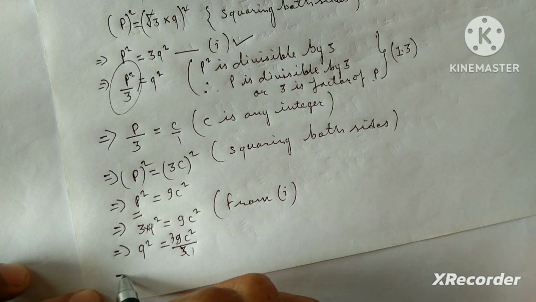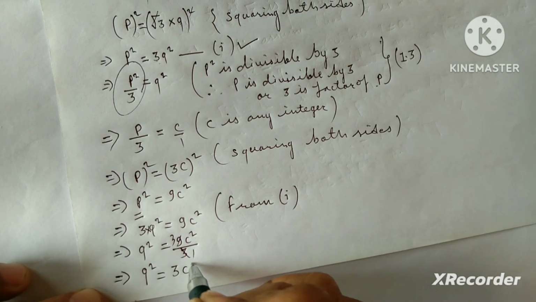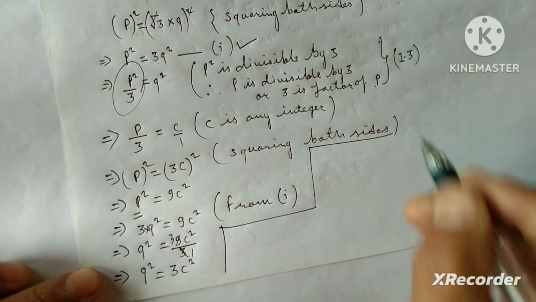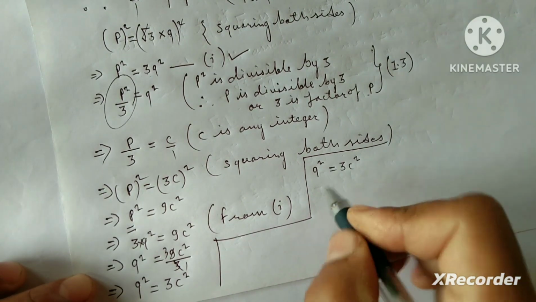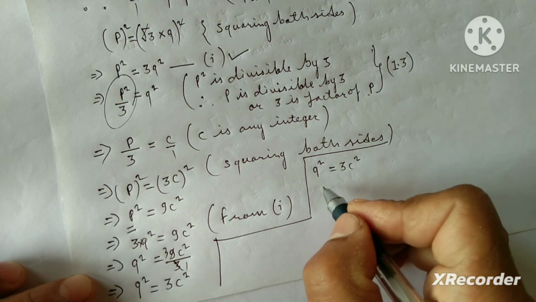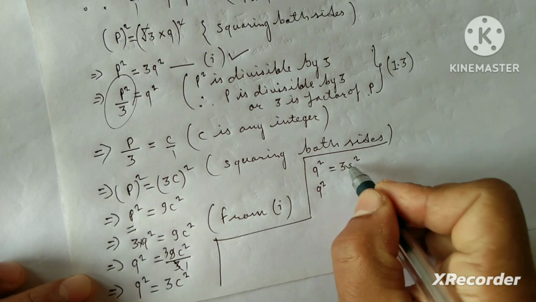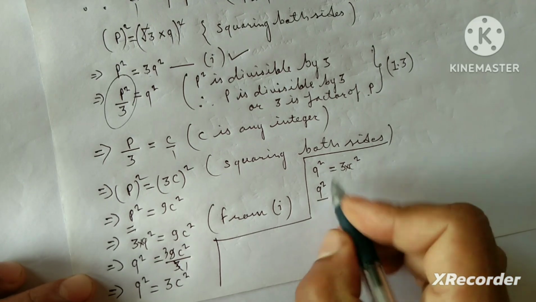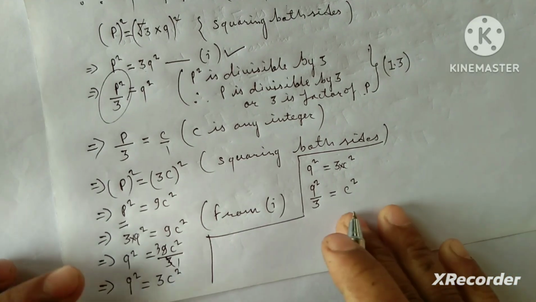So we can write q square equal to 3c square. Again, q square by 3 equal to c square.